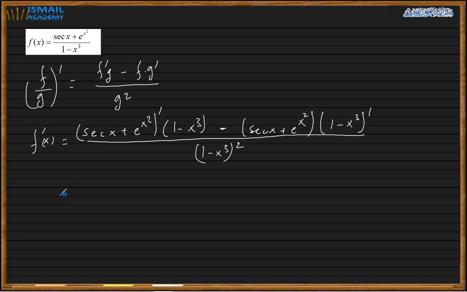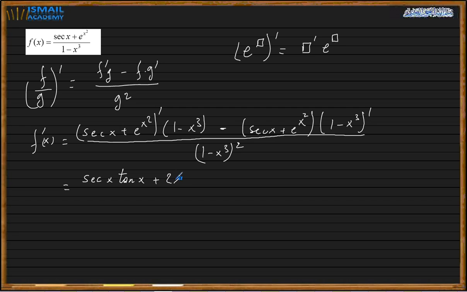So the derivative of secant is secant tan, so it's going to be secant x tan x plus the derivative of e to the x squared. So e to the anything prime is the derivative of the exponent times e to the exponent.